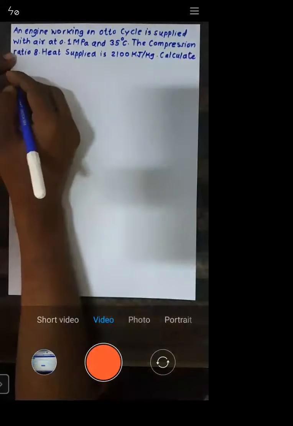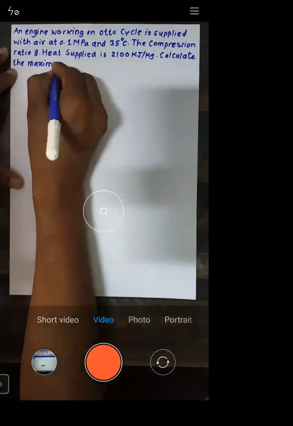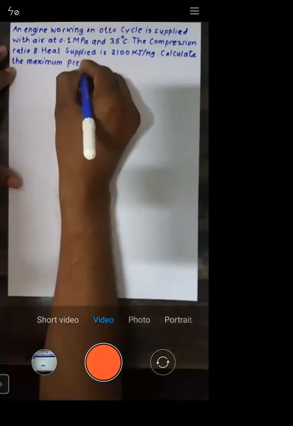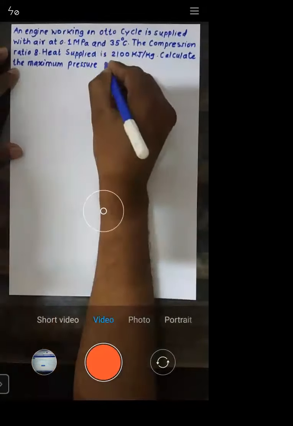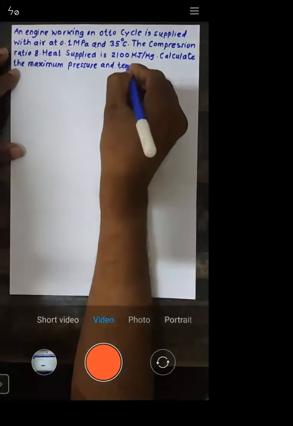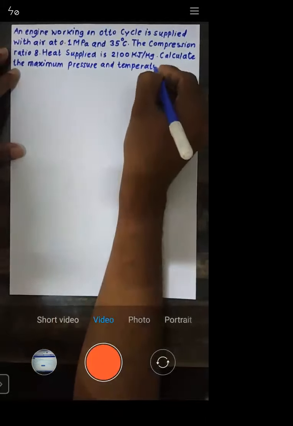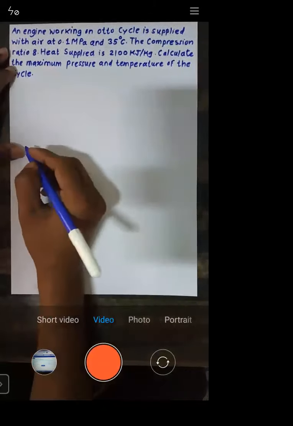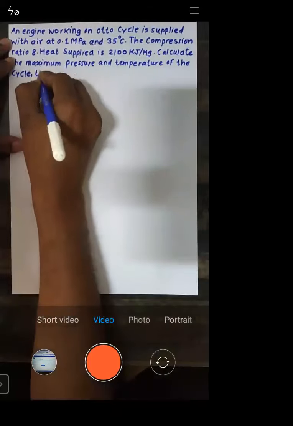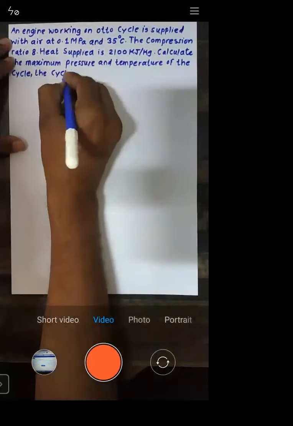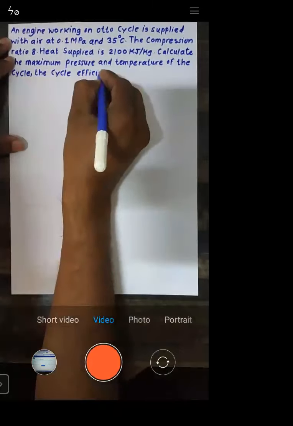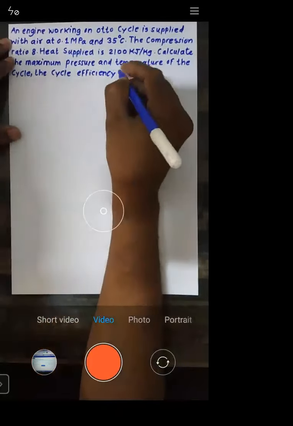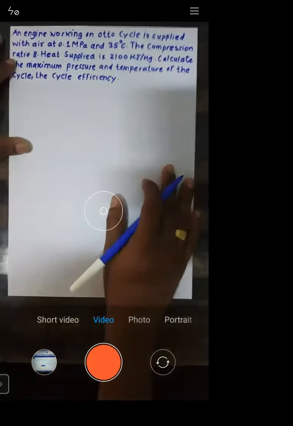Calculate the maximum pressure and temperature of the cycle, and the cycle efficiency.